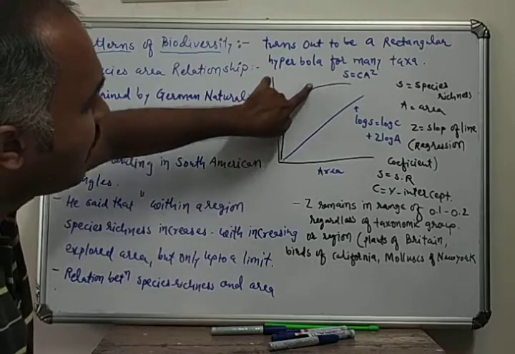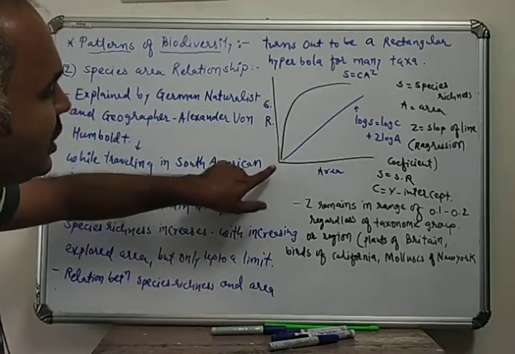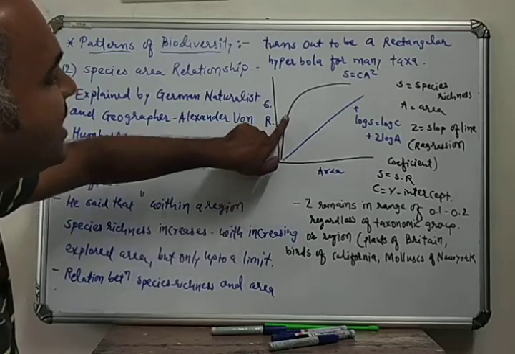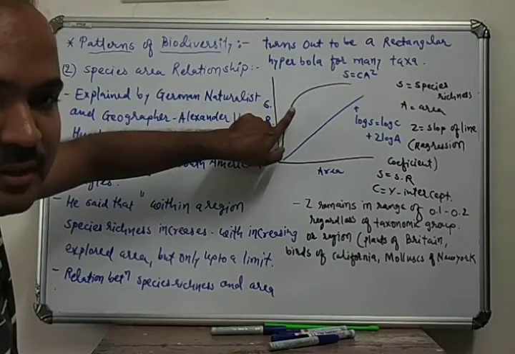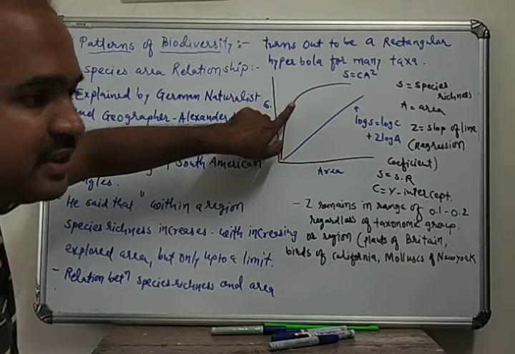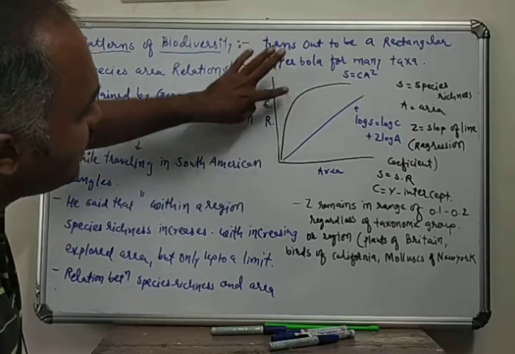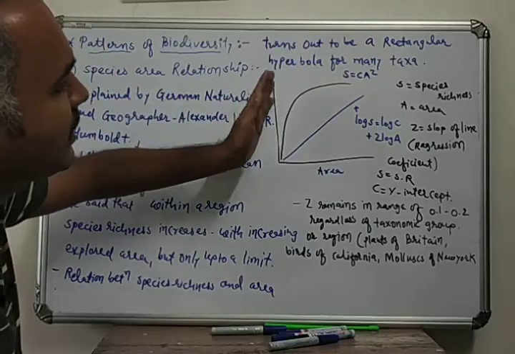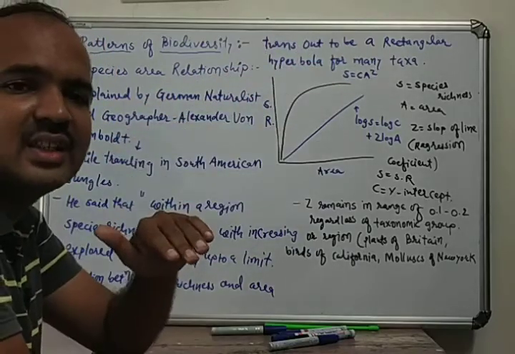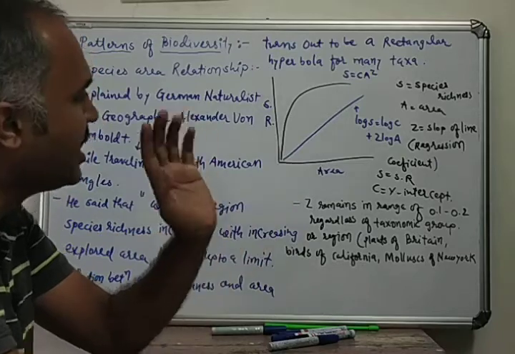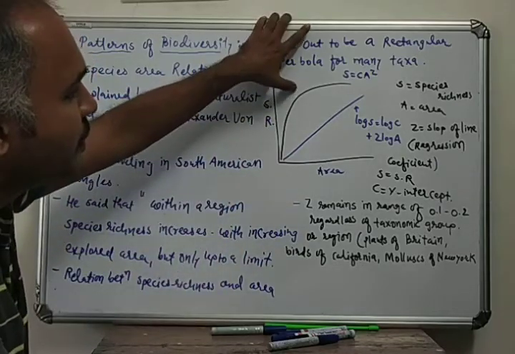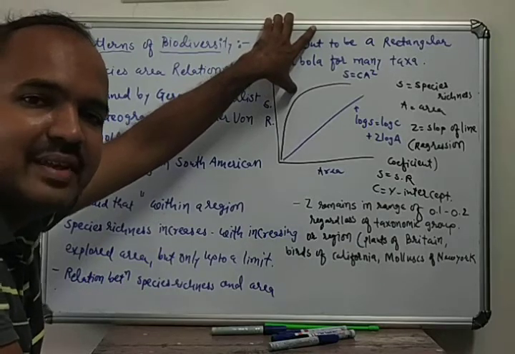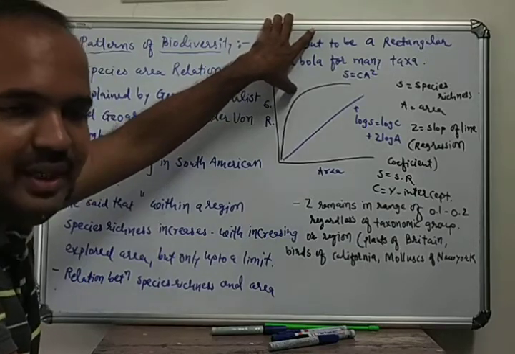So initially the species richness increases, but after increasing the area further, the graph turns out to be a rectangular hyperbola because it becomes stable. This is the simple graph explained by Alexander von Humboldt while traveling in South American jungles.